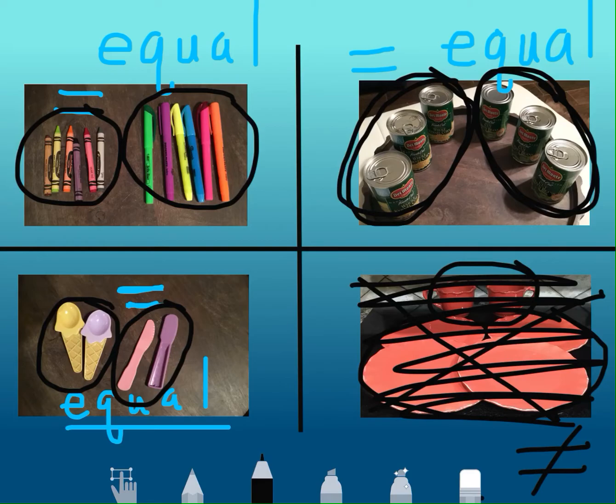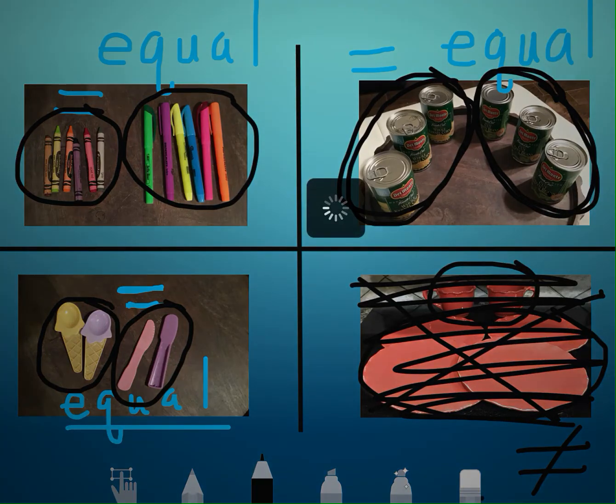Okay? Now, what you are going to do is you are going to hit the green add response button, and let me show you what it's going to look like. It's saving my picture here.